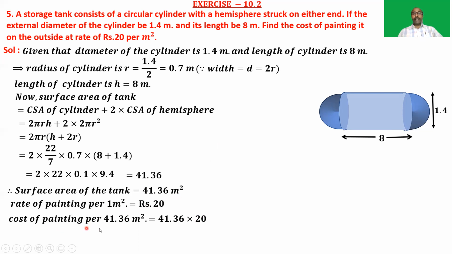So the cost of painting 41.36 meters square is 41.36 into 20, which is equal to 827.20. That is, the cost of painting the tank is 827 rupees 20 paise. So this is the solution of the given problem. So let us take the next one.